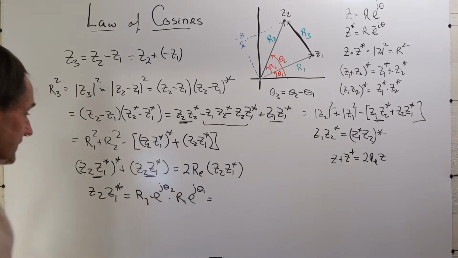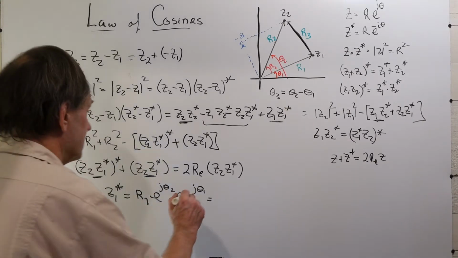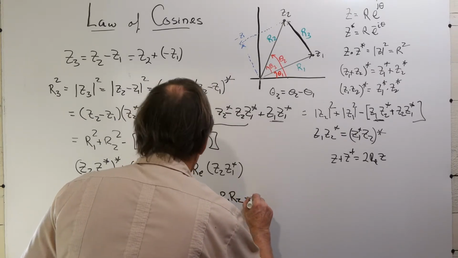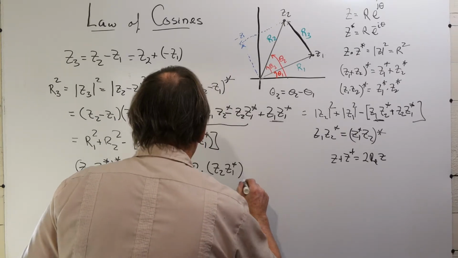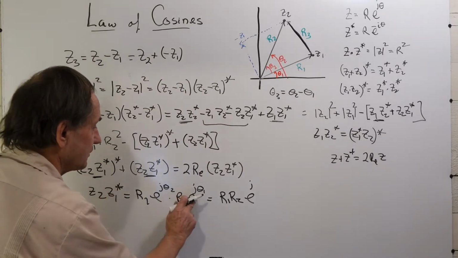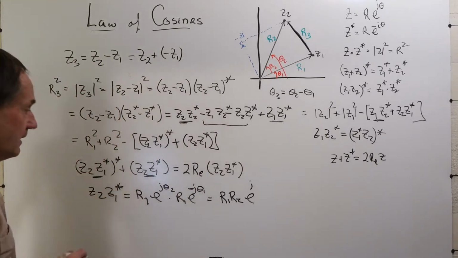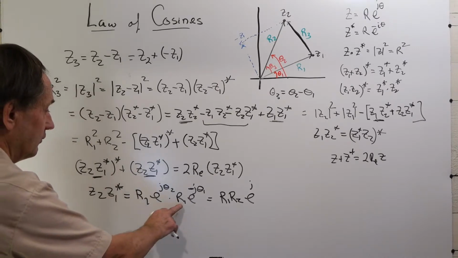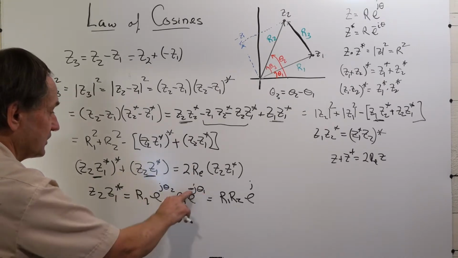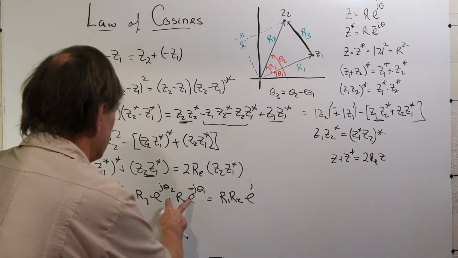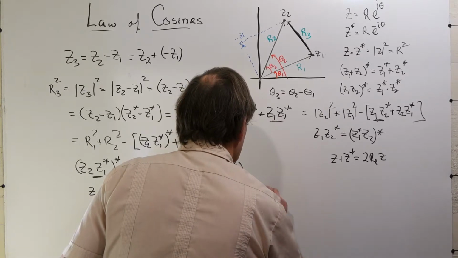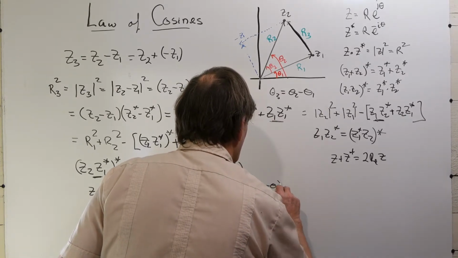These still represent the square root of minus 1. So we have R1, R2, e to the j. This is Z1 conjugate, so this has to be a minus sign. Z1 would be R1 e to the I theta 1, and the conjugate is minus. And now we can combine the exponents, so this is I theta 2 minus theta 1.